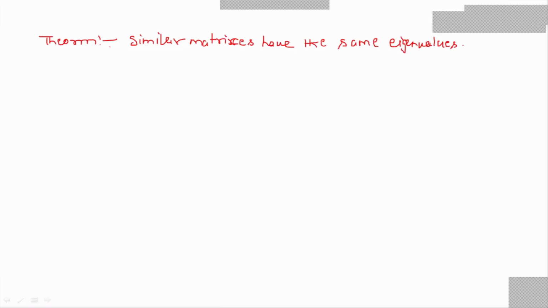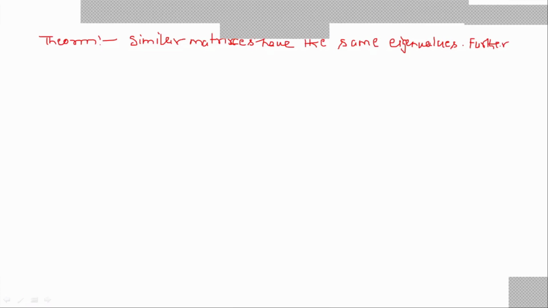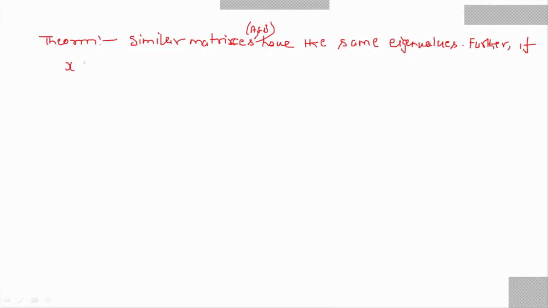And now for similar matrices, I will write here similar matrices A and B. Further, if X is the eigenvector of A matrix corresponding to the eigenvalue lambda, then what should be the eigenvectors of the B matrix?